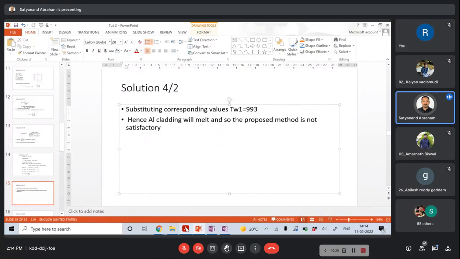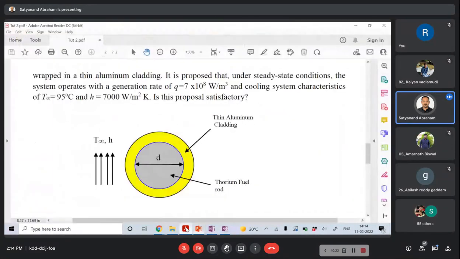Since it is more than the melting point of aluminium, is this satisfactory? Well, this system is not satisfactory. We have to either reduce the ambient temperature, or increase h, the heat transfer coefficient.